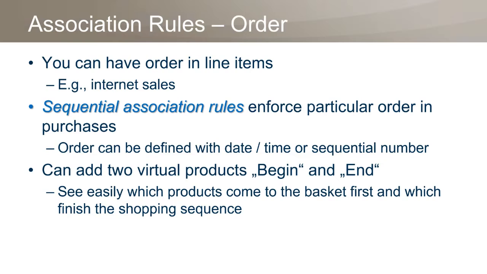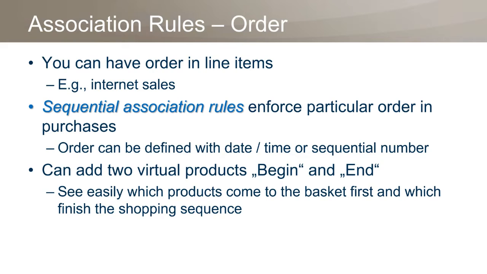Now, when I have these two products, I can also find those products which start the shopping sequence. So those products that are always immediately after begin, this is a virtual product again.